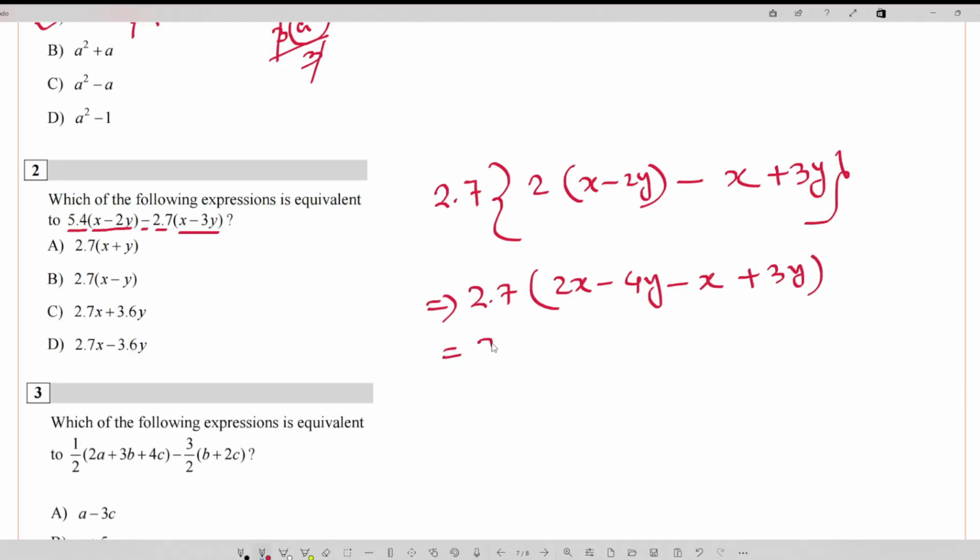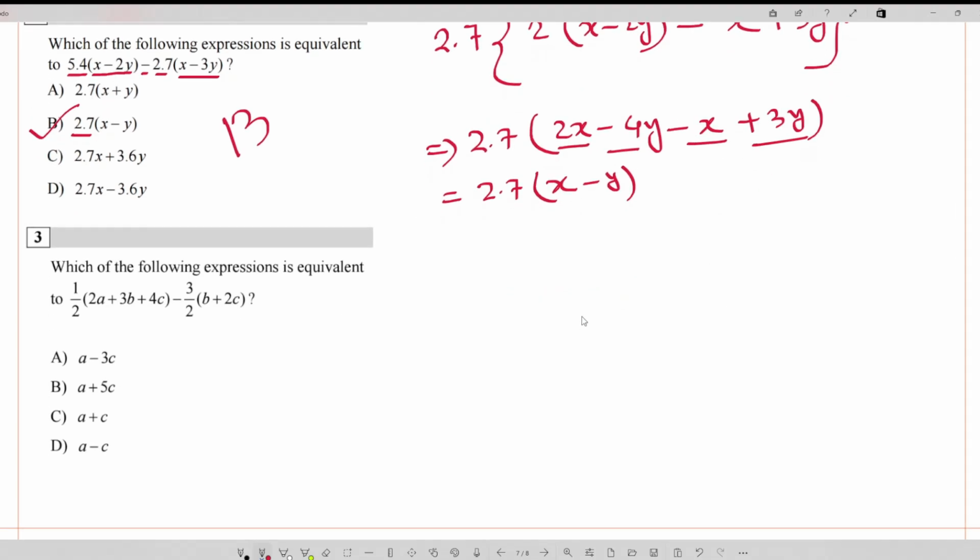So here is 2.7, 2x minus x means x, minus 4y plus 3y means minus y. So our right answer is 2.7 times (x minus y), which is number B. Okay, clear? If you have any question, just put your question or comments in the comments box.